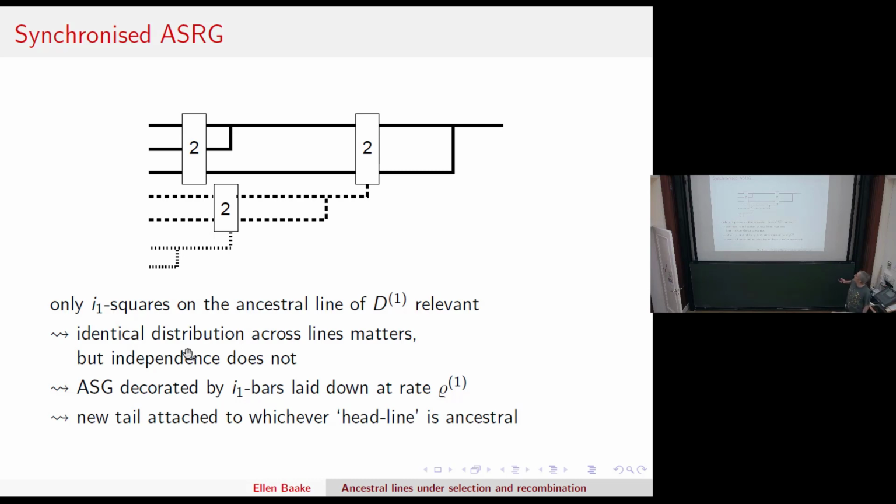And then I have the convention that the new copy attached below will go to whichever of these two lines is the true ancestral line. So if this one is the true ancestral line, it will be attached here. That again can be done because I don't need the independence across lines.